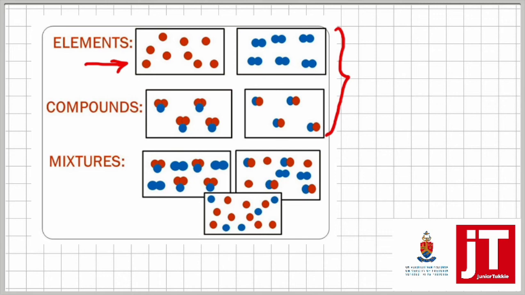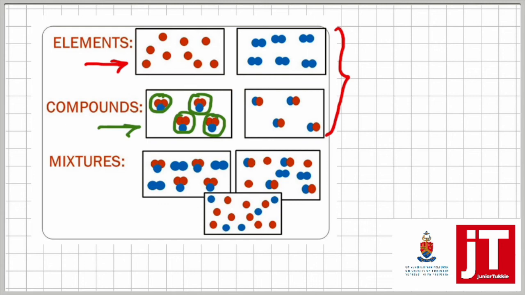If we look now at compounds, we see that every molecule that is in this box is identical. Because it's identical, it is a pure substance. It is not a mixture. A mixture is when we have more than one substance mixed together. These are compounds. The green little circles I have made around them are all compounds.